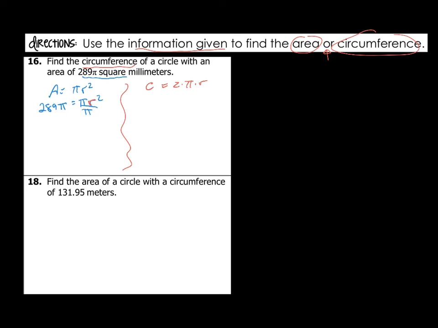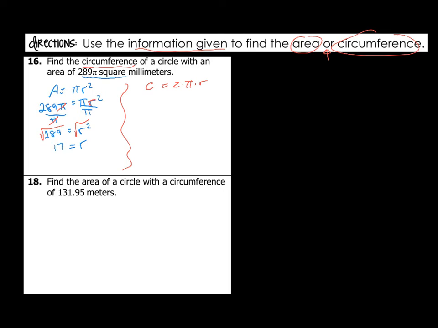So I'm going to start doing some algebra. First, I divide by pi on both sides, and that cancels out the pi quite nicely, leaving me with 289 equals radius squared. How do I undo squared radius? I take the square root, and that's going to leave me with a radius of the square root of 289. Now, the square root of 289 works out nice.